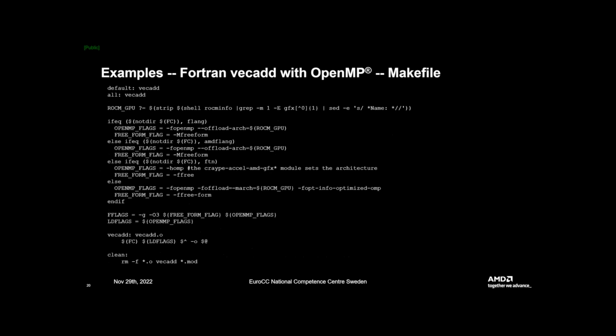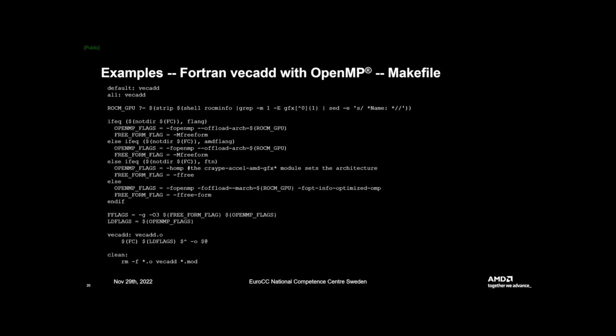And then our makefile is going to add the -fopenmp and the offload architecture. We're going to grab from the device what the gfx number is for that particular model. In this case, it's going to be the 90a, I believe.